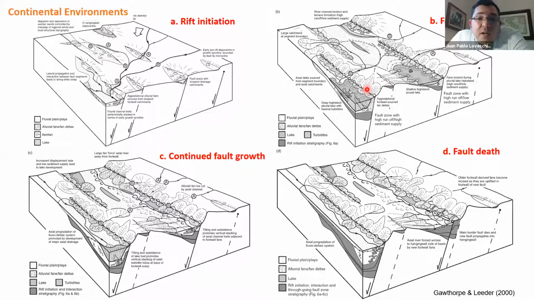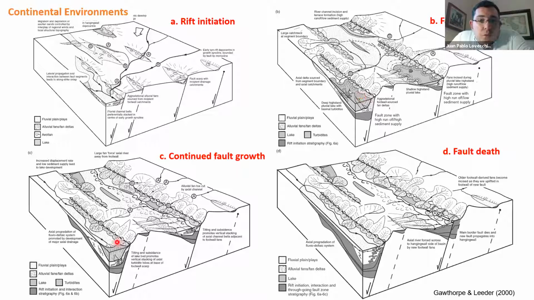Not all the segments are going to be the same. Some have grabens, some depocenters can have development of lake systems, and others may not. It depends on the water balance. And in the case of deep lakes, you can have turbidites.